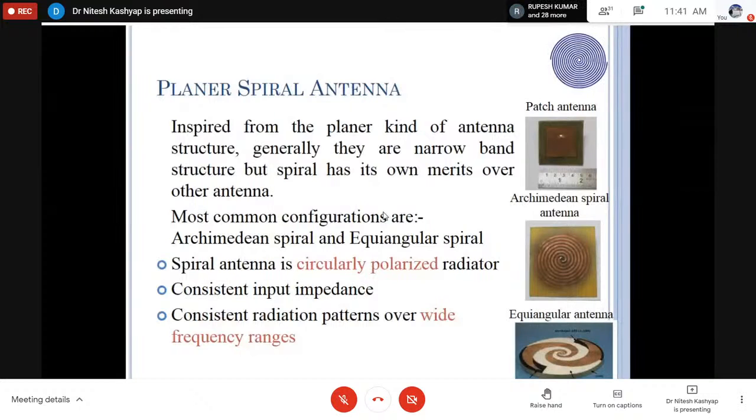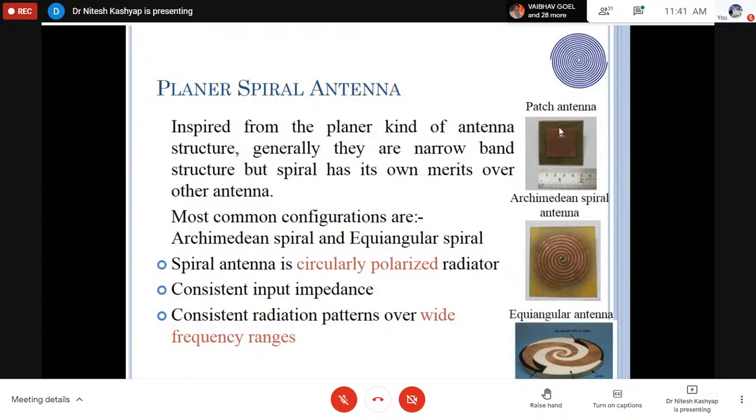impedance. When we talk about the input impedance, it is related to the input we take from the transmission line for the antenna. Obviously it is 50 or 75 ohm, and sometimes it is 75 ohm. But at the surface of the antenna, at the feeding point or at the edge of the antenna, that impedance is not 75 ohm or 50 ohm.